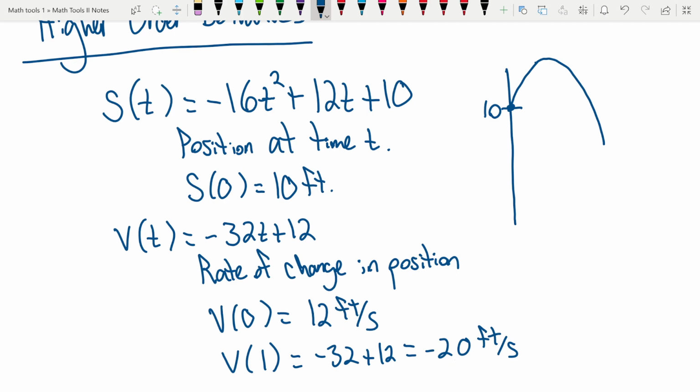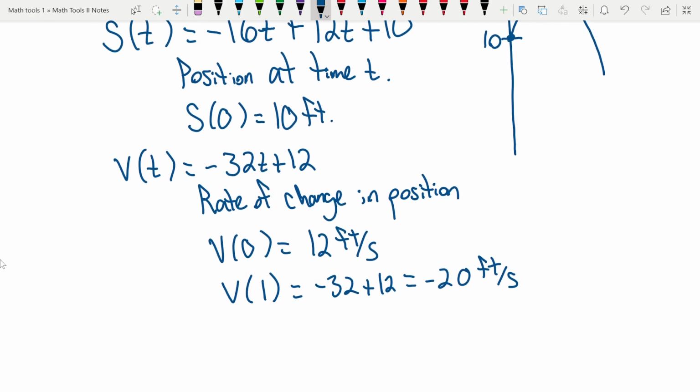So can we look then at the rate of change of the velocity? In this context, we would call this acceleration. So this is s prime of t, first of all.